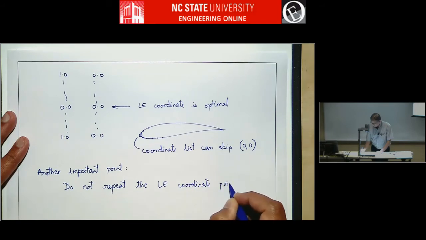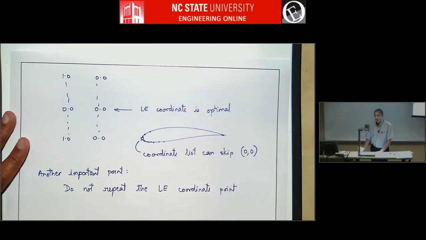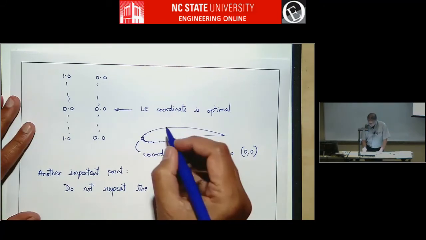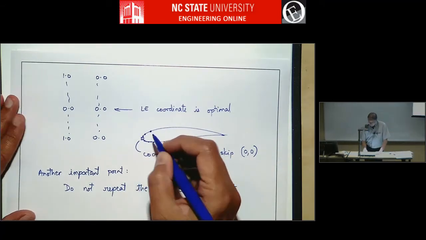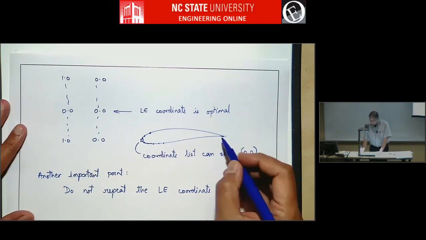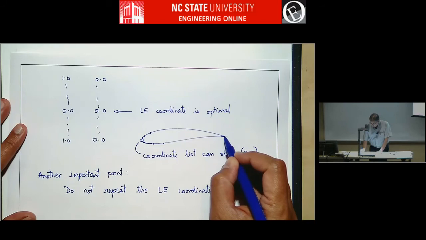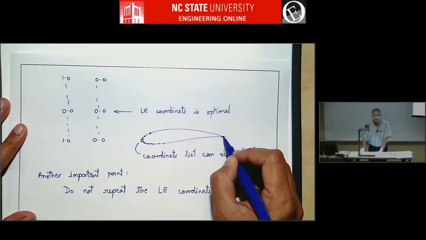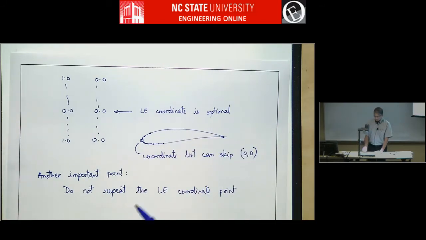And that's actually true for anywhere along the airfoil. You should never have two successive coordinates be the same, except maybe the trailing edge. You start off with the trailing edge and then you go back and you can have the same coordinate, but don't do that for the leading edge.